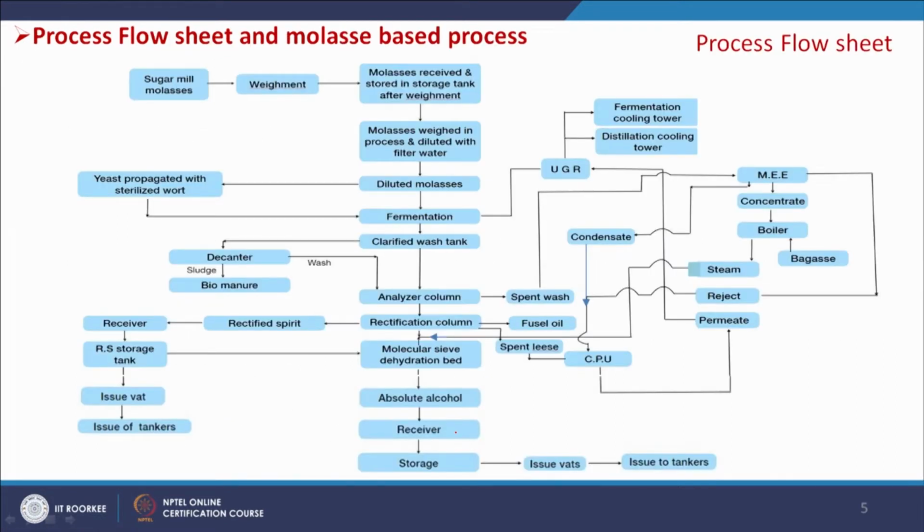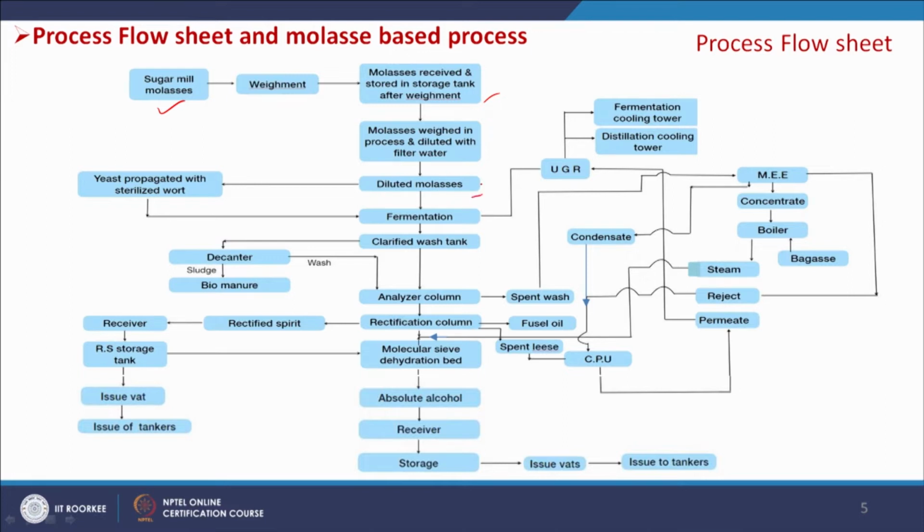And if we see the flow sheet for the production of distillery with sugarcane molasses, then the sugar mill produces molasses, then it comes to the distillery unit as feedstock. After weighing, that molasses is received and stored in the storage tank, and then molasses is weighed in process and diluted with filter water, and then we get diluted molasses.